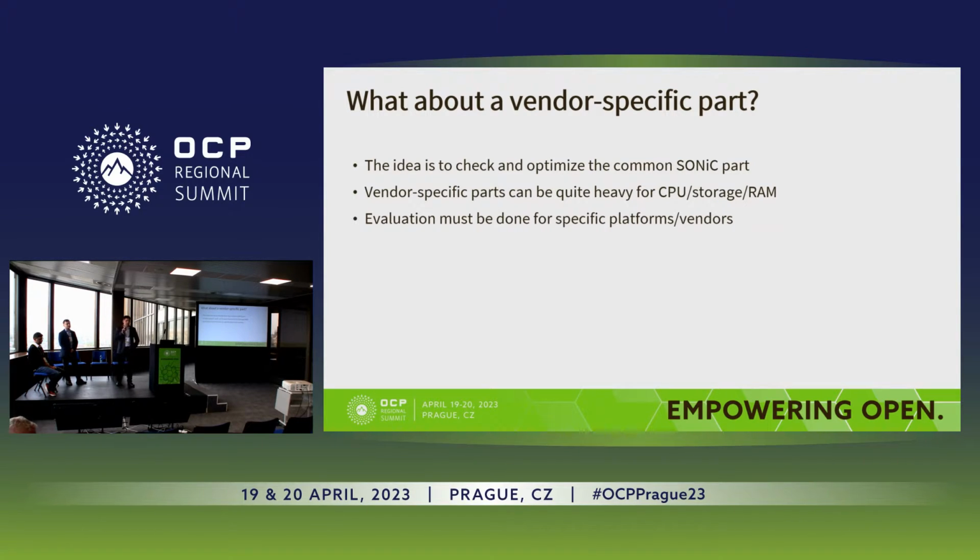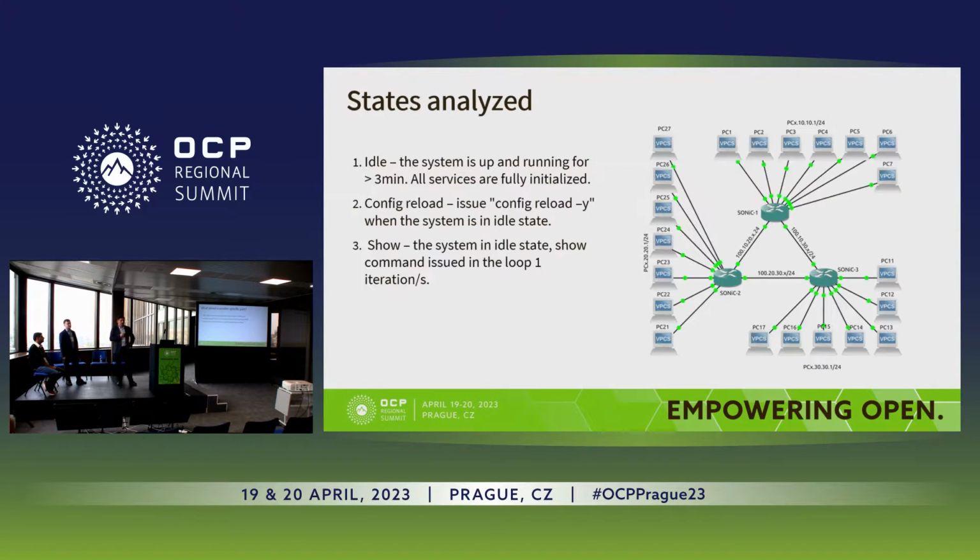It can use thousands of megabytes of disk space and run multiple threads. We believe this part of optimization should also be done, but per vendor-specific case. So we took this out of the picture and focused just on the SONiC-specific stuff.